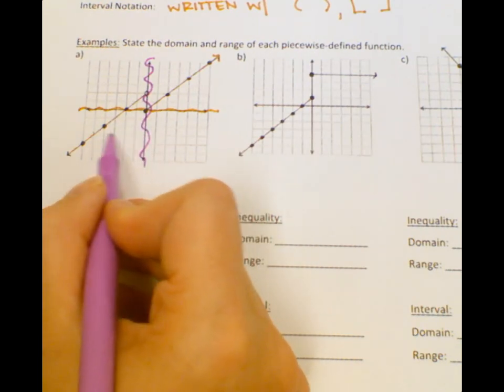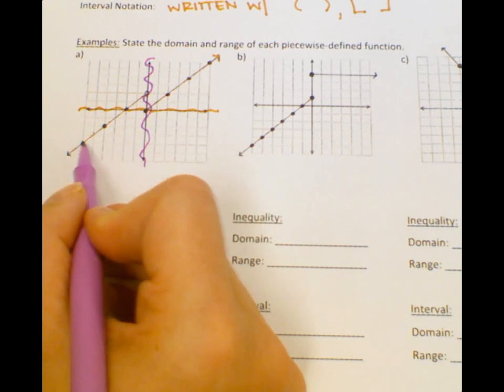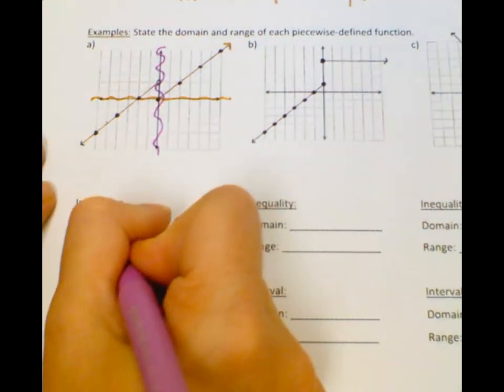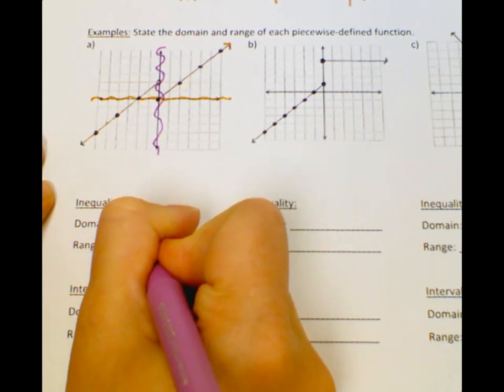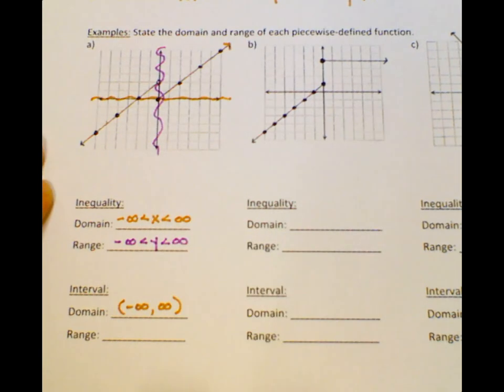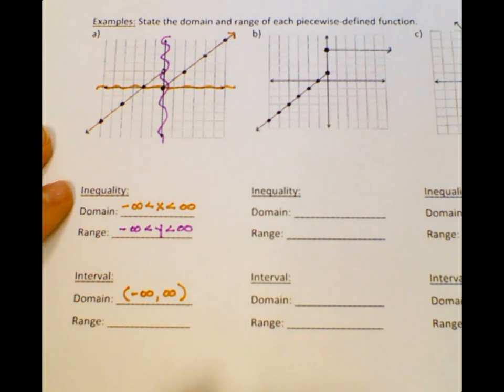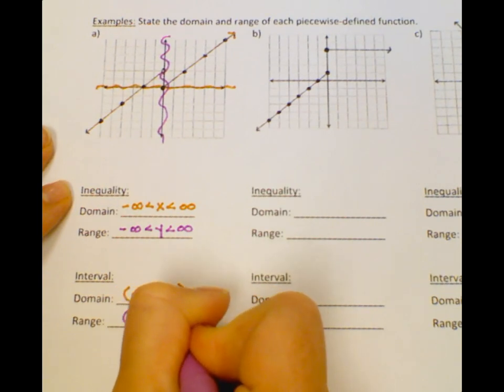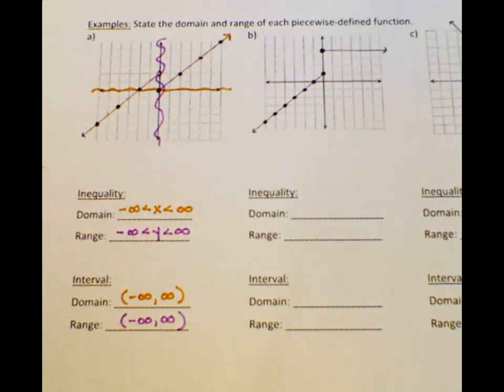Negative 2, yep. Negative 3, yep. Negative 4, yep. Negative 5, yep. They're all on the graph. So again, we're going negative infinity, but instead of writing x, we're going to write a y this time, to positive infinity. And again, we're just going to switch it over to interval notation with parentheses.